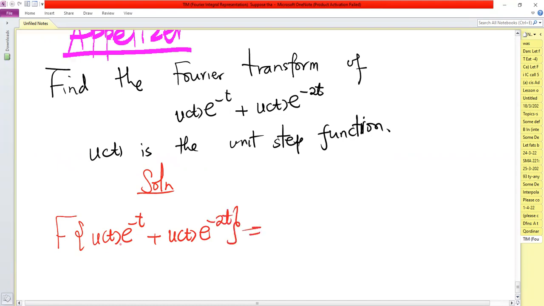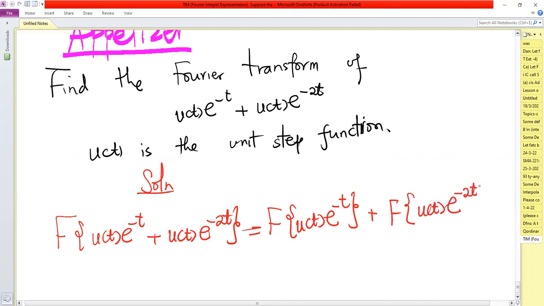Now this is like our f, and this is like our g function. So it is the same as the Fourier transform of u of t e raised to the power negative t plus the Fourier transform of u of t e raised to the power negative 2t. That's what we have by definition.